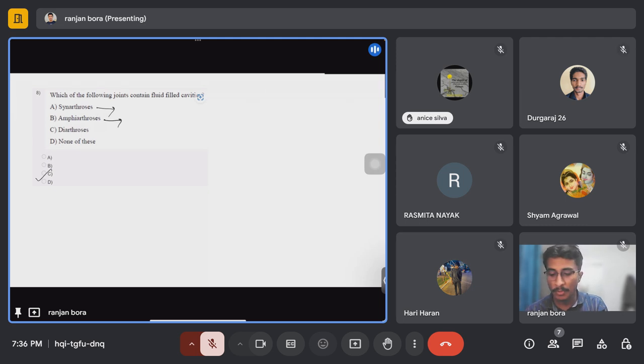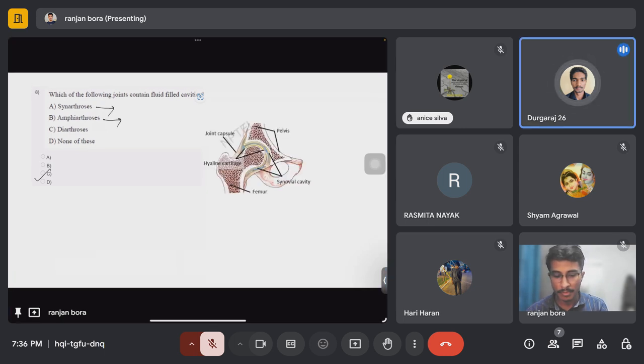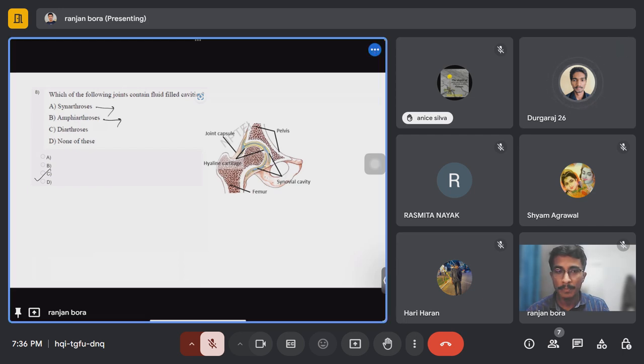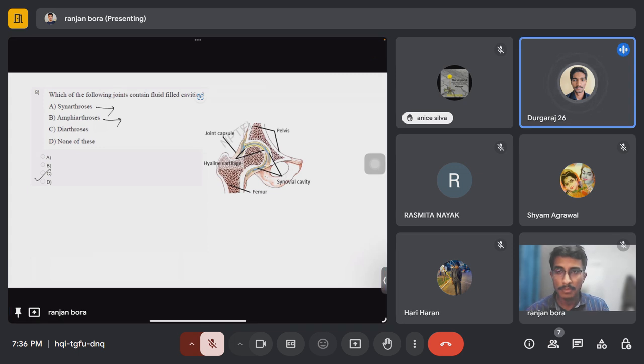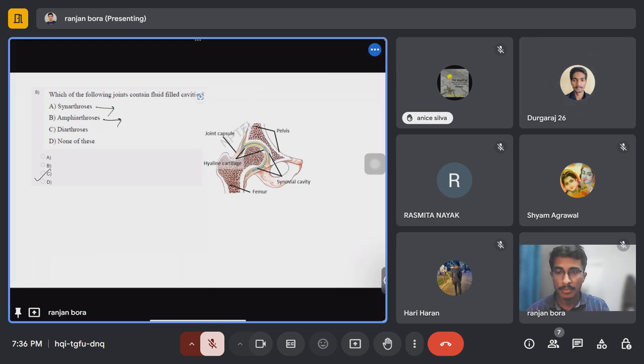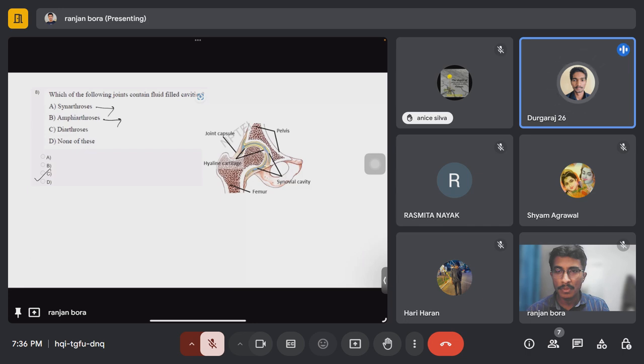So synarthrosis is immovable, amphiarthrosis is slightly movable, and diarthrosis is movable. Yes.